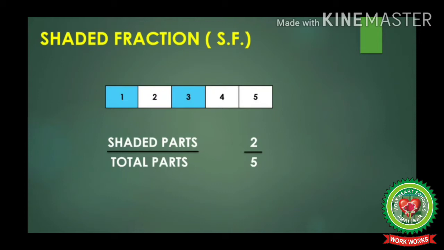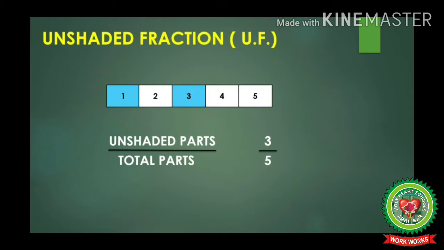And in the copy, we will write S dot F for shaded fraction. So what are the shaded parts? 2. Write down 2. Now draw the line, and below the line write down the total parts, that is 5. So the fraction will be 2/5.